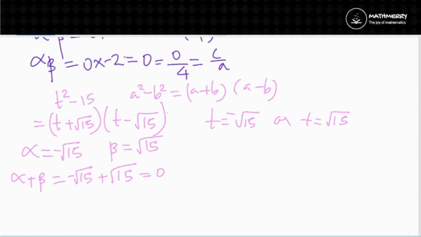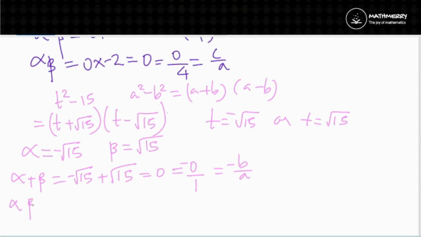Now what was our b here? There is no b, so it will be 0, and a is 1. So we can write this as 0 by 1. Okay, so this is our minus b by a.